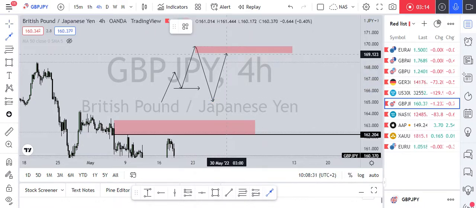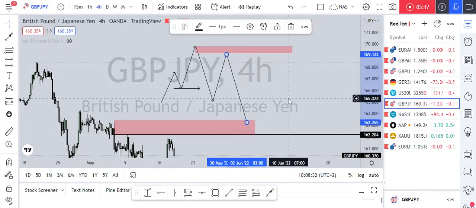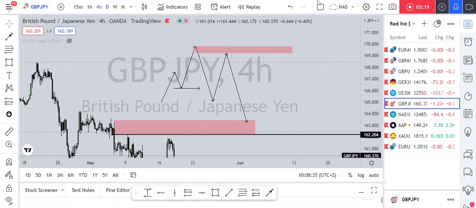This is called the BFI footprint. So basically, that's the setup.